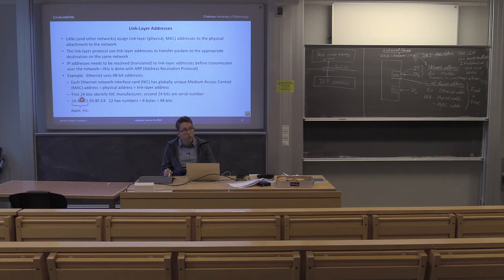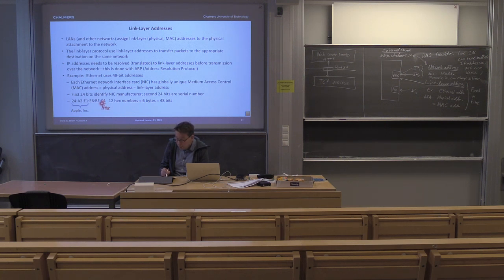The first 24 bits identify who's the manufacturer, and the last 24 bits are a serial number. So for instance, this is typically how it is written. Here we have hex numbers, hexadecimal numbers, so it's from 0 up to F, F being 15.